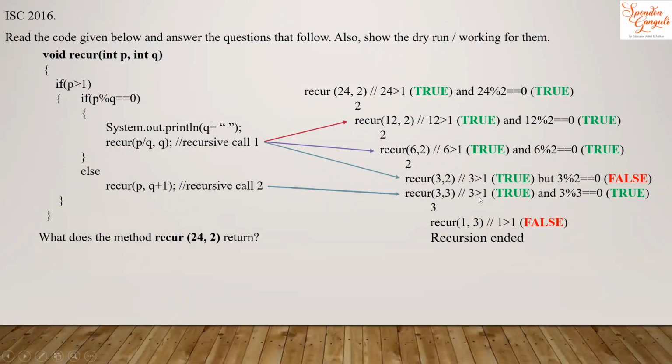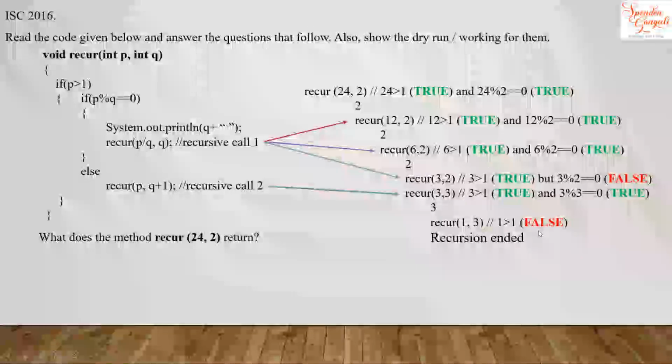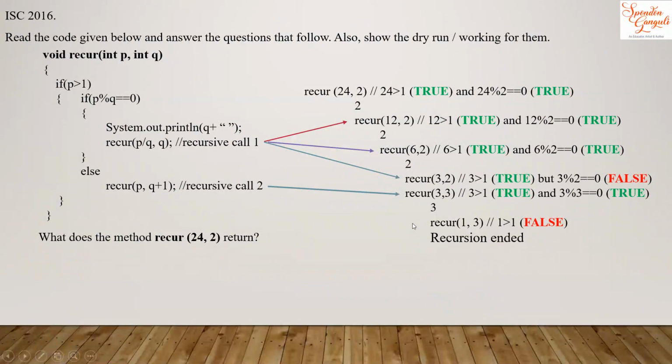Here, the outer if and inner if both hold true, so it prints the value, then goes to the next recursive function call with the change. Now when this is called, recur 1, 3, the outer if itself fails. When the outer if itself fails, recursion ends here.